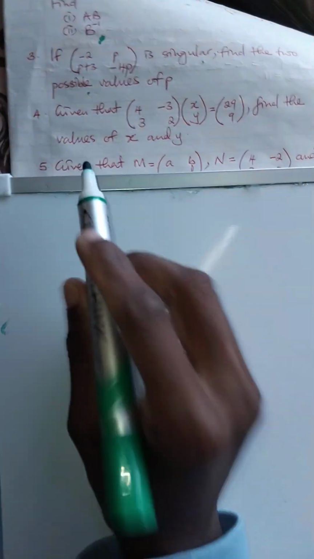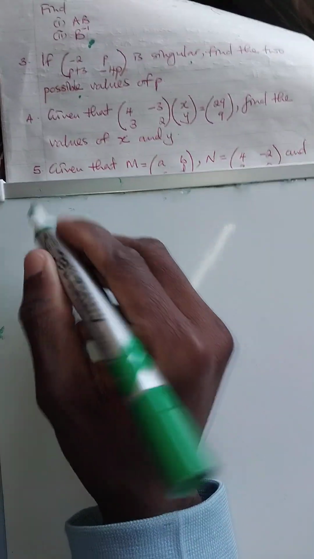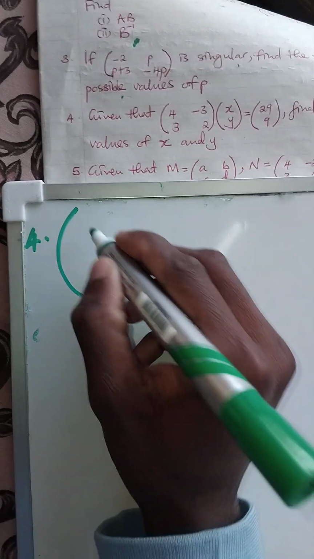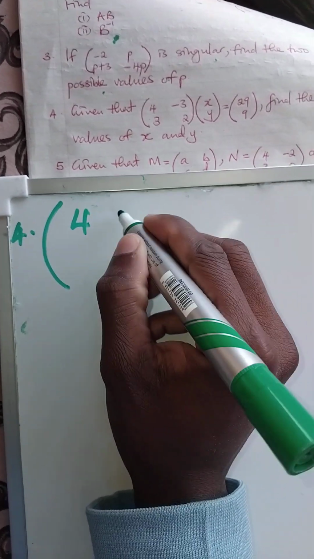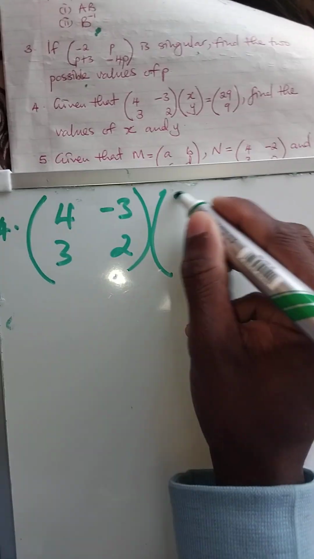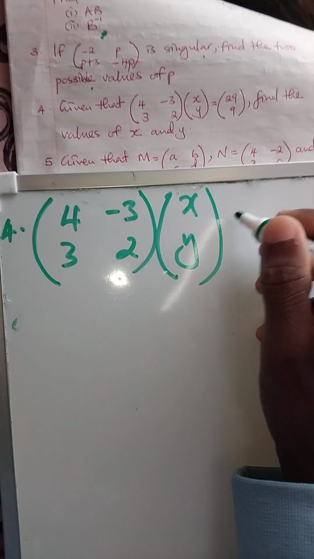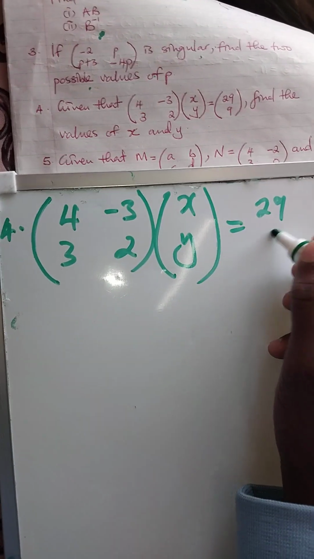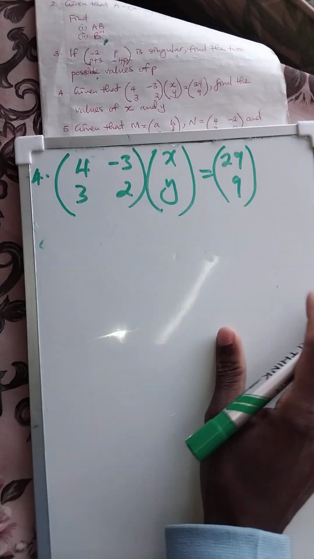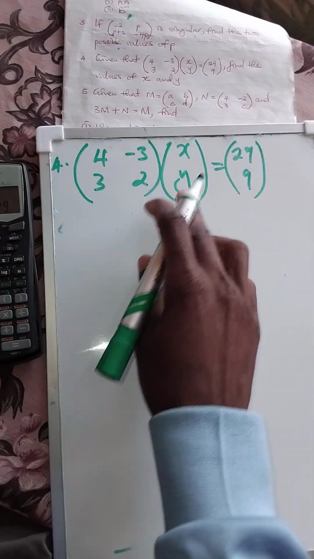Right, and given this matrix 4, -3, 3, 2 times x and y is equal to 29 and 9, we need to find the matrix x and y.